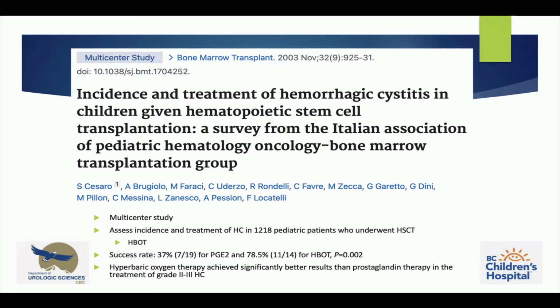So what they found is that the success rate for prostaglandin was 37%, and it was 78.5% for hyperbaric chamber, and this was significant. So even if prostaglandin therapy seemed to work partially in some patients, hyperbaric chamber treatments in grade 2 and 3 hemorrhagic cystitis were much more efficient.